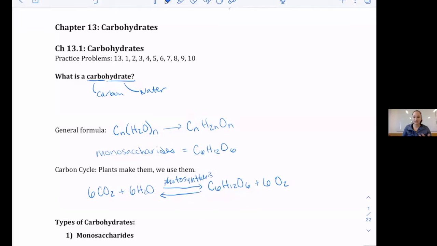And then the opposite process is where we use the sugars mixed with oxygen that we breathe. That's why we have to breathe oxygen, to break down the sugars into carbon dioxide and water. That is a process called respiration. So photosynthesis makes carbohydrates and respiration breaks down carbohydrates.